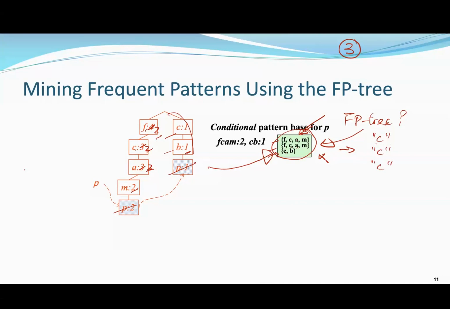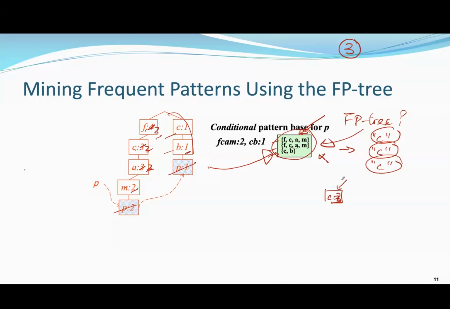And so what would be the FP tree that you will build out of it? Well, you process the first transaction, you build the tree with this label. You process the second transaction. Well, this is the same path, so you increment this count. The third transaction, the same path, so you increment this count.